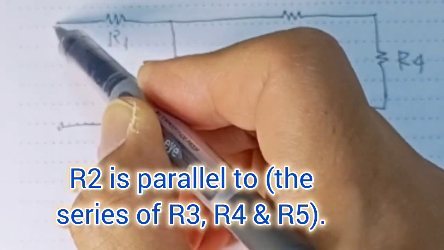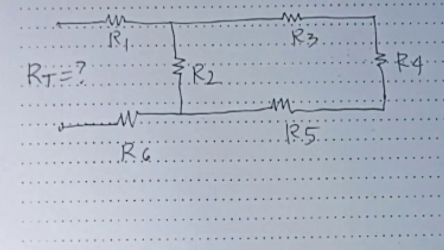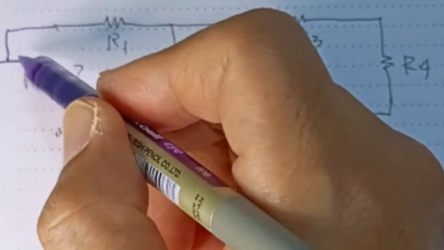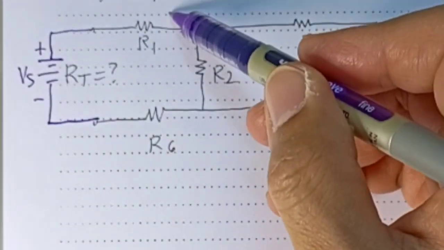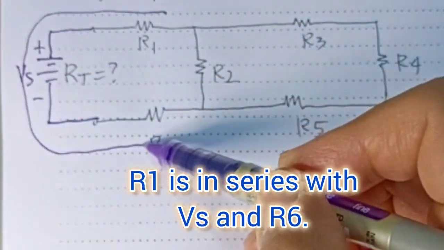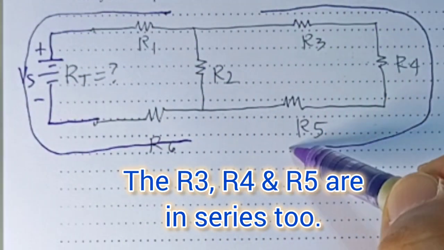Now the first thing to do to find the total resistance is to look for the series connections. So we have the voltage source, of course. And as you see here, R1 is in series with R6, and R3, R4, and R5 are also in series.